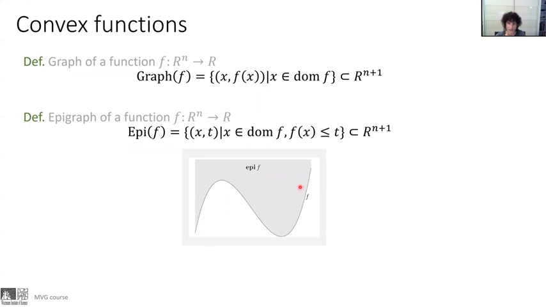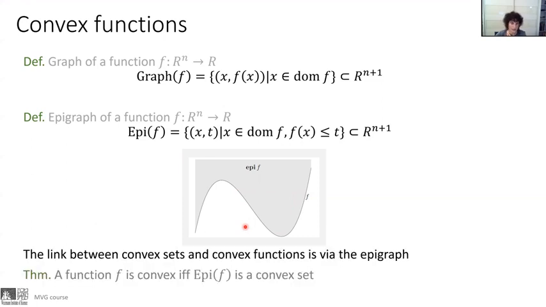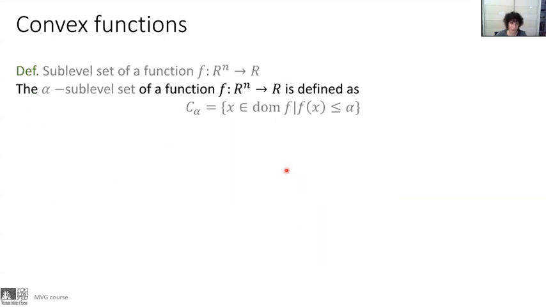If this is the function, this is the epigraph of the function, which means the region above the graph of the function. There is a very interesting property of convex functions that links convex sets and convex functions, saying that a function is convex if and only if its epigraph is a convex set.